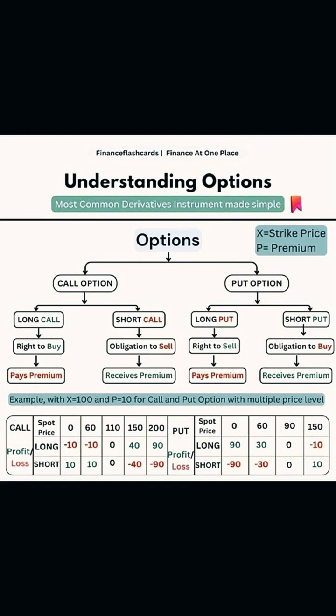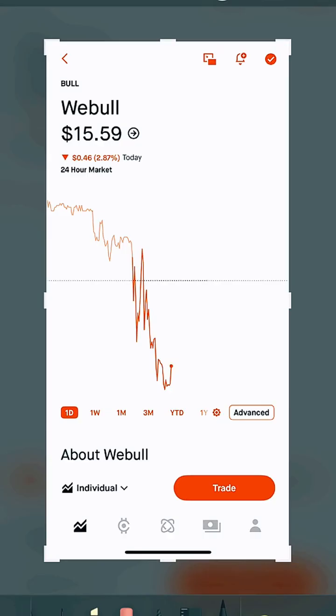So let's use Webull. This is a brokerage firm that you can download, and you can trade stocks, options and futures, and you can invest on here as well.